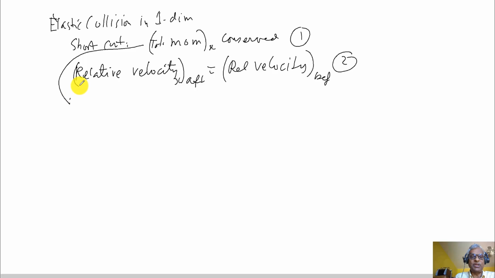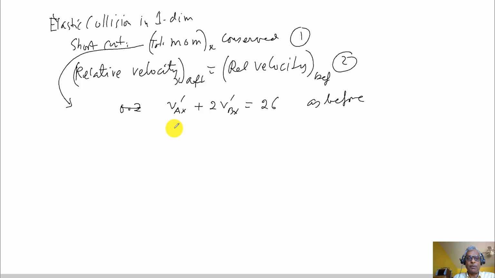So this one would have led to our equation: VAX prime plus 2VBX prime equals 26, as before. And then this one would have been, if I look at VBX prime minus VAX prime, the relative velocity of B with respect to A, will be the same as the relative VBX minus VAX.